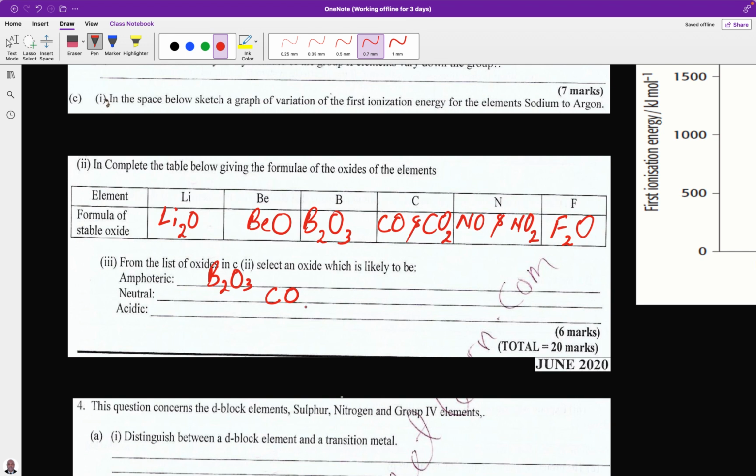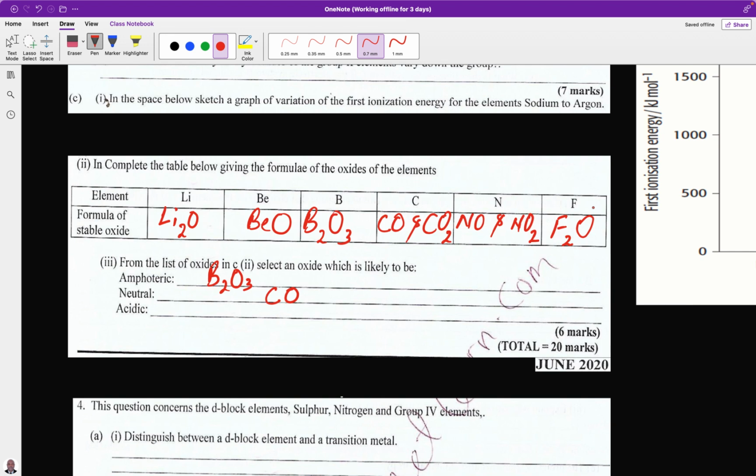Then acidic oxide. There are 2 acidic oxides: nitrogen dioxide and carbon dioxide. You've studied about greenhouse gases. Carbon dioxide is an example of a greenhouse gas. Nitrogen dioxide is an example of a greenhouse gas, and sulfur dioxide is an example of a greenhouse gas, but sulfur is not here.